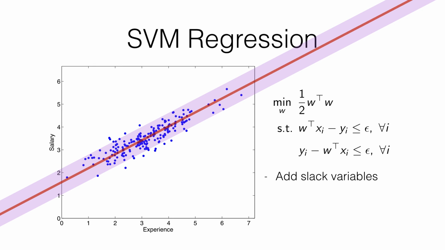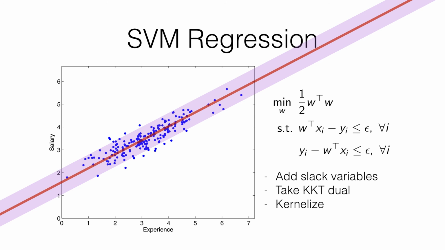So you can do things like add slack variables, which we would have needed in this picture I drew here because some of these points are outside the tube. You can take the dual by writing the Lagrangian, adding the KKT multipliers, and solving for the KKT conditions.